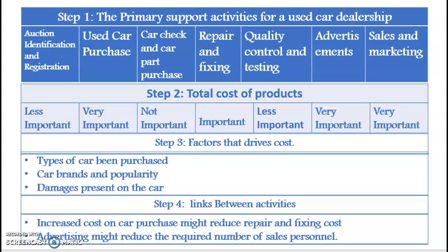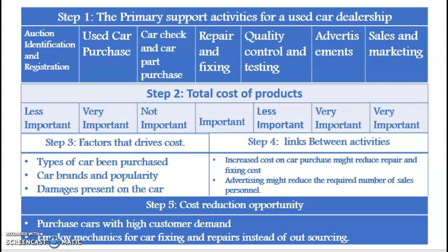Also, advertising might reduce the number of sales personnel required, and likewise increasing the number of sales personnel might increase the number of cars being purchased and from there sold.